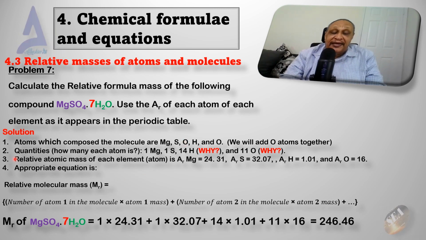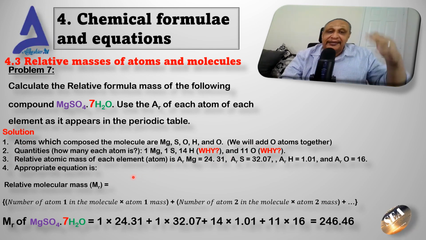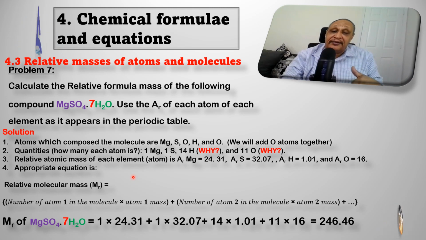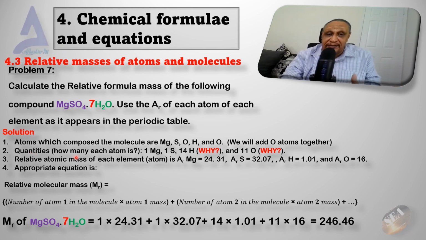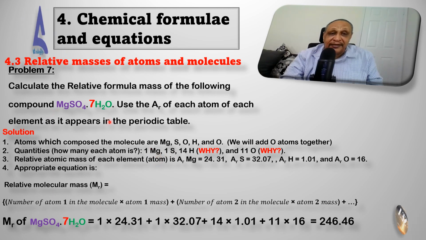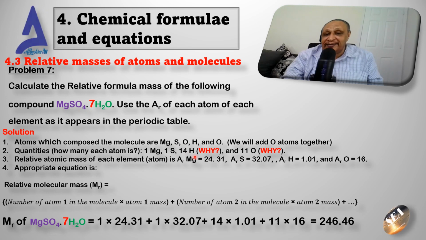Now, after determining, using our protocol, the type of atoms, then the quantity, how many atoms it shares. Now, I have one magnesium atom, and also I have one sulfur, but I have 14 hydrogen.